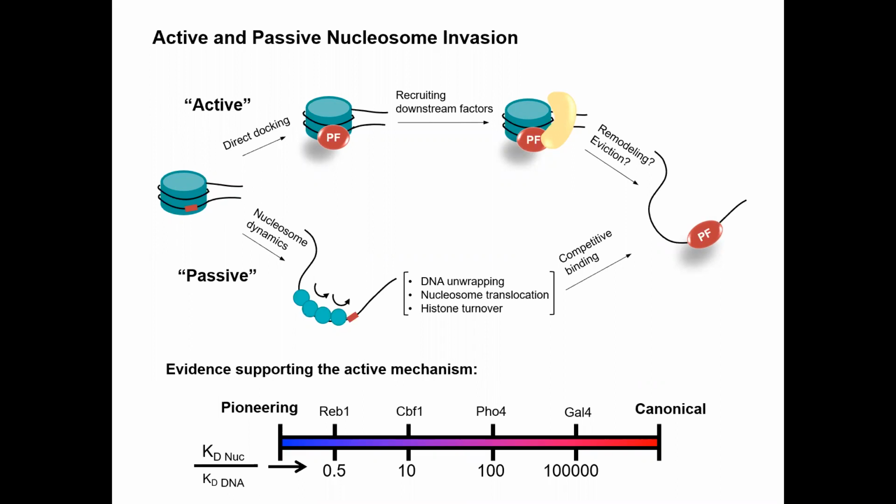When we saw that Reb1 and CBF1 dissociate much slower on nucleosome than naked DNA, there are two possibilities. One is that these proteins make direct interactions with histones, or these factors bind strongly to bent DNA. We still don't know which of those choices is correct.